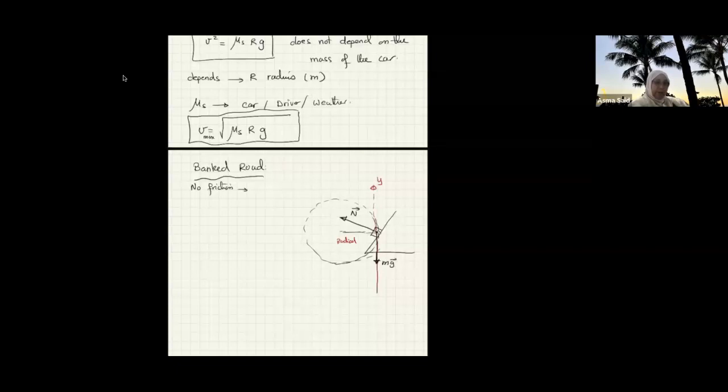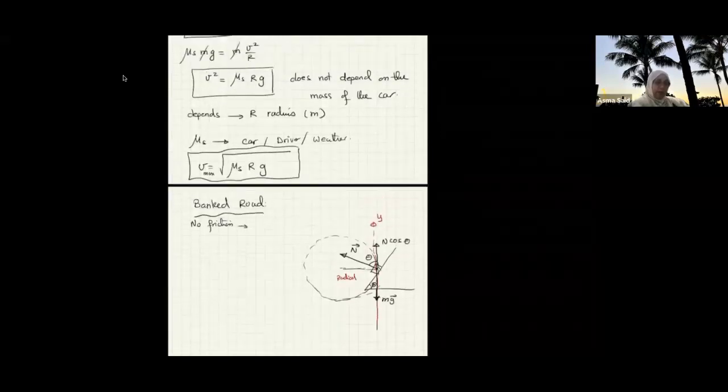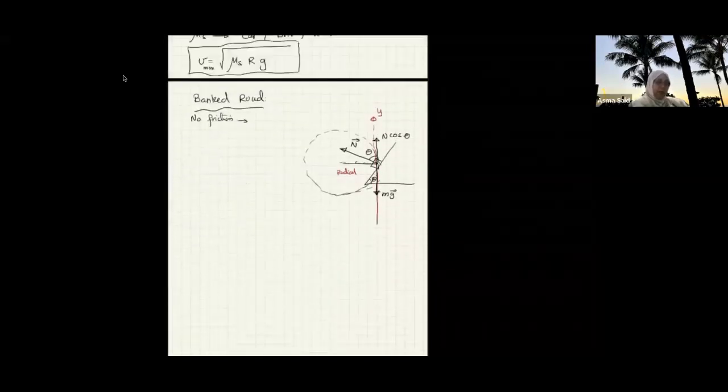Now, if this angle is, let's say 30 or theta, then this angle is theta, and I will have here N cosine theta, and here I will have N sine theta. Then I can say here, sigma F_r equals mv squared over r.